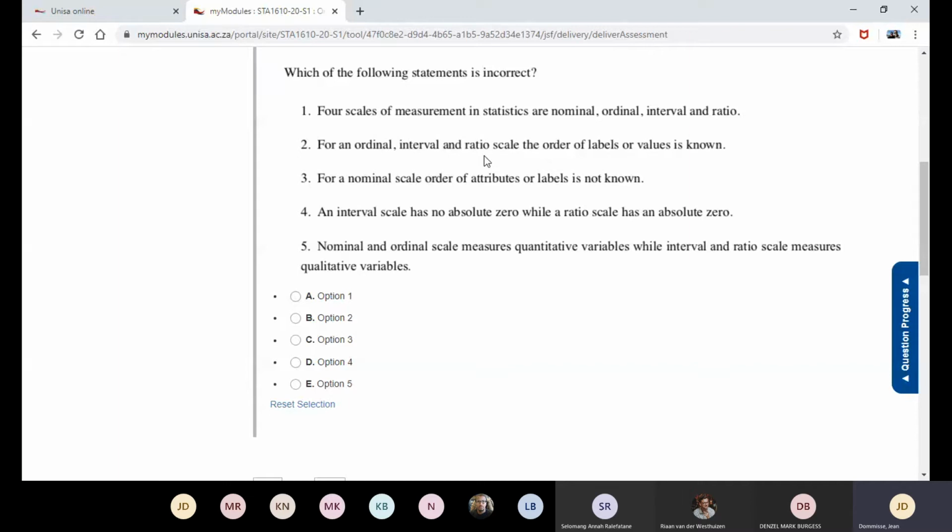The 4 scales of measurement in statistics, nominal, ordinal, interval, ratio: correct or incorrect? It's correct.